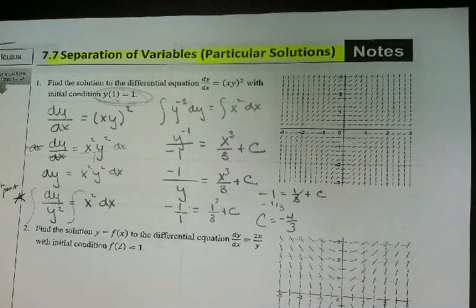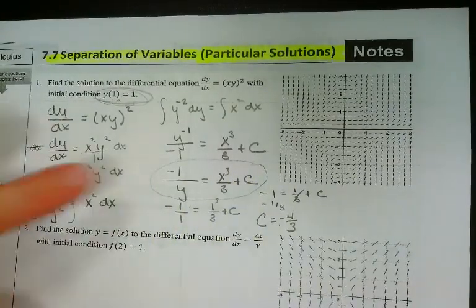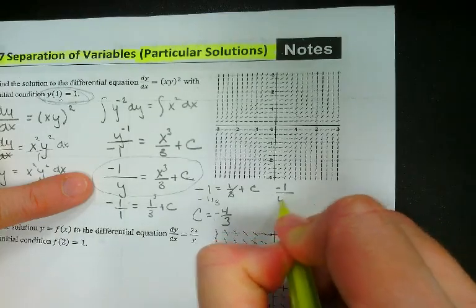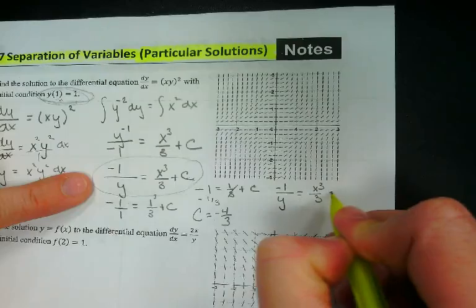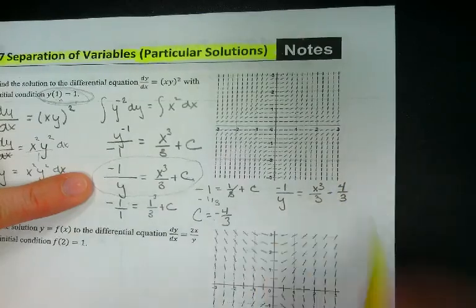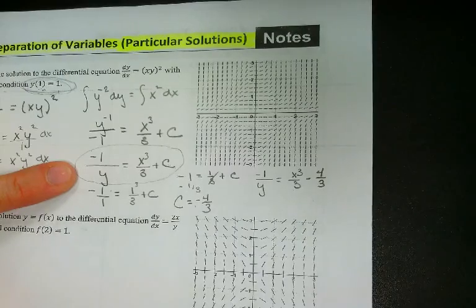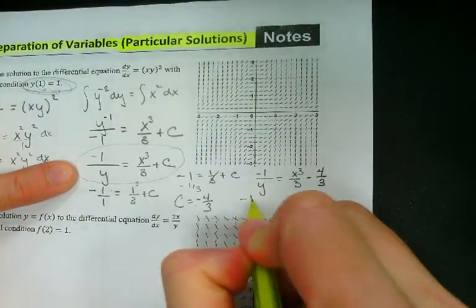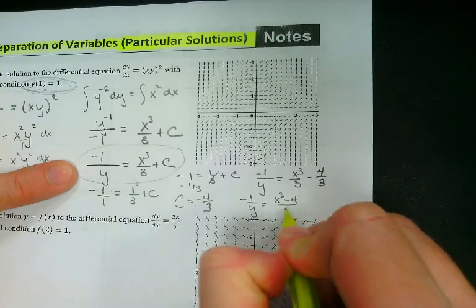I just got the c value, and I have to go solve for y. So I'm going to go back to my equation, and I have to plug this c in there. So I have negative 1 over y equals x cubed over 3 minus 4/3. I'm just going to throw that as one fraction. They already have common denominators. So I have negative 1 over y equals x cubed minus 4 over 3.